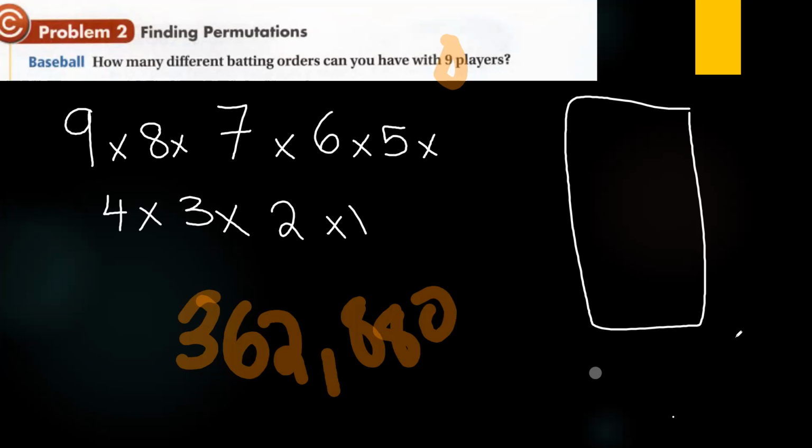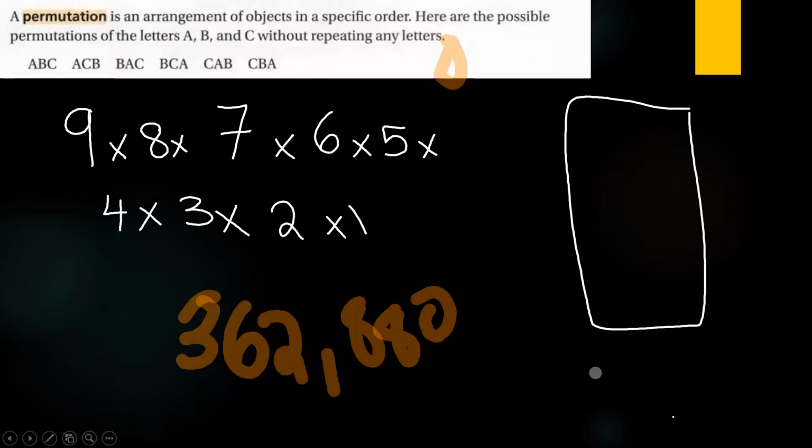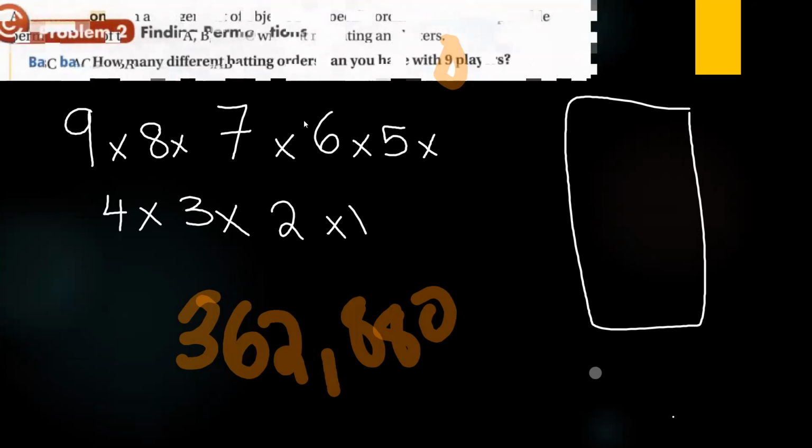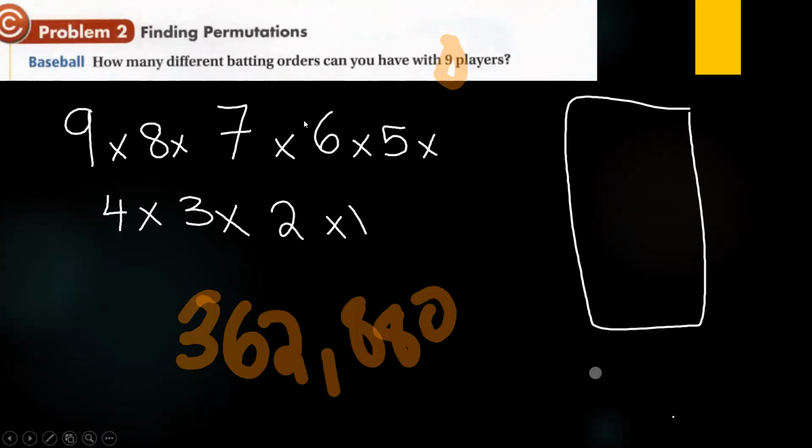Do you remember when I told you that if I have 3 girls, Jana, Farah, and Sarah, I can arrange Jana, then Farah, then Sarah, or Jana, Sarah, Farah, or Farah, Sarah, Jana, or Farah, Jana, Sarah, and so on. This way, if I choose 3 girls and I want to arrange them. Here you have now 9 girls.